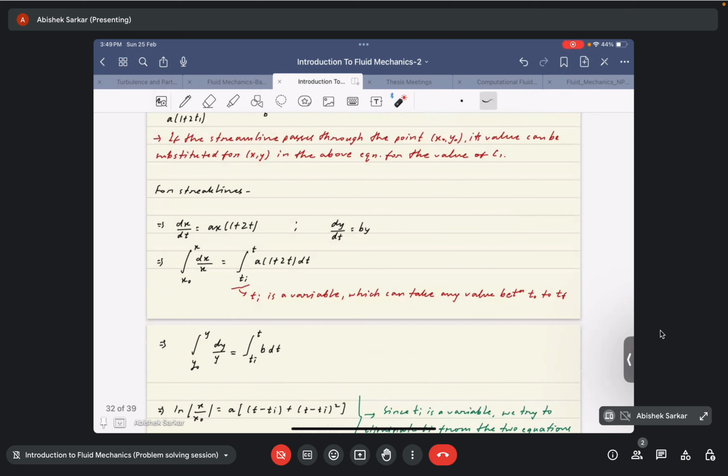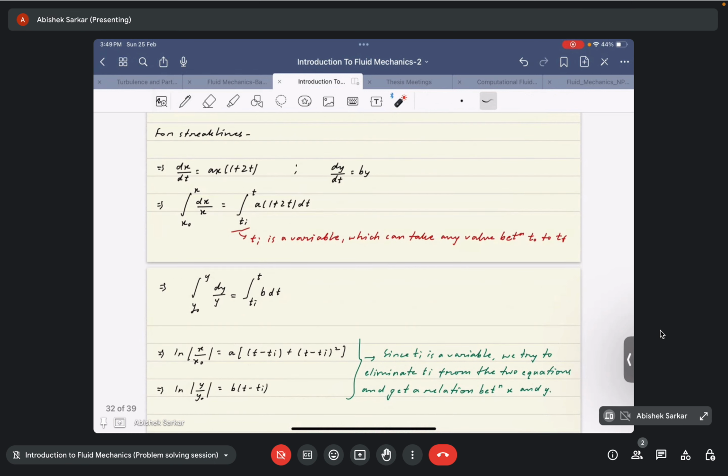In the case of streak lines, we deal with the same equations: dx by dt, or u, is equal to ax into (1 plus 2t), and dy by dt, or v, is equal to by. Then similarly we need to find the expression for x.